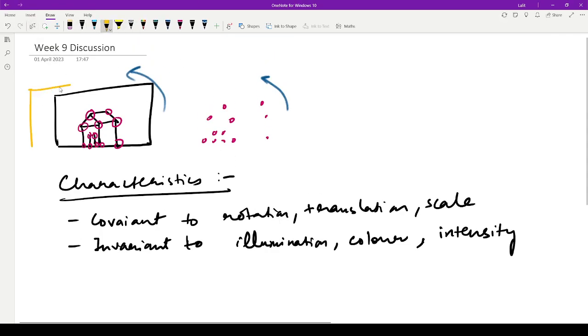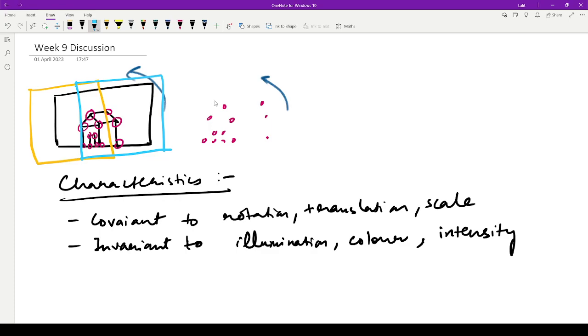If I take one image which covers three-fourth of this hut out there, and the second image covers the rest one-fourth of the hut, then we can find the common interest points between the two images, and based on that we can align the two images, and what we get is panorama stitching, a stitched image.